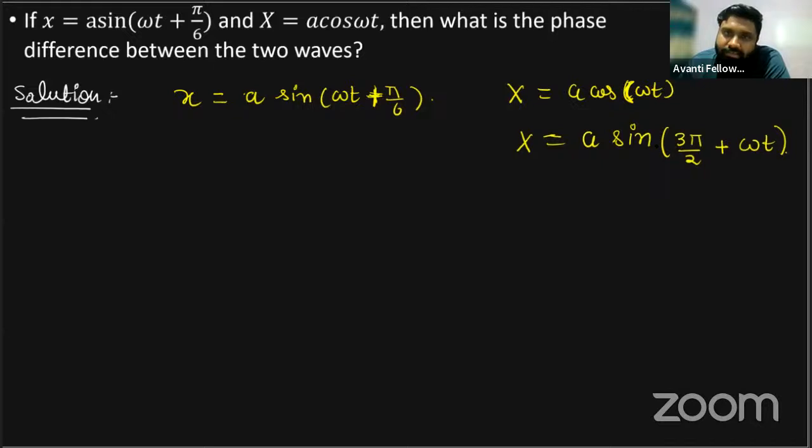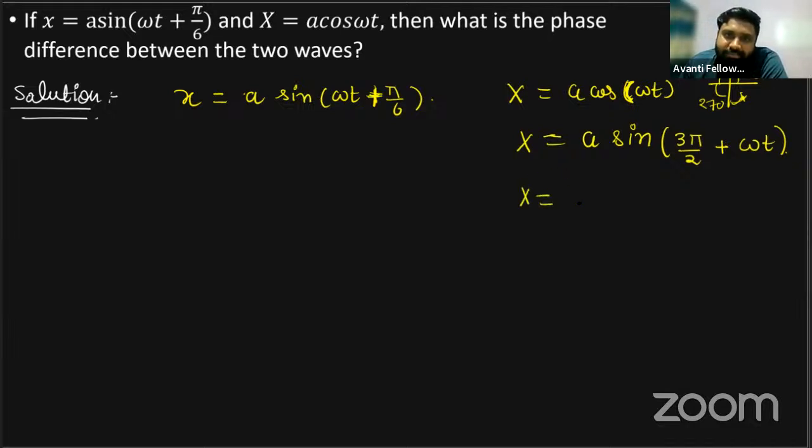It is 270 degrees, and with plus theta it is going into the fourth quadrant. This is the first 90 degrees, second is 180, third is 270, and fourth is 360. So 3 pi by 2, which is 270 plus omega t, means we are in the fourth quadrant. And in the fourth quadrant, cos remains positive. So when this sine converts into cos, the cos remains as it is. No minus will be added in this expression.